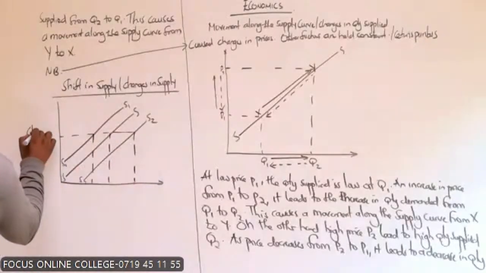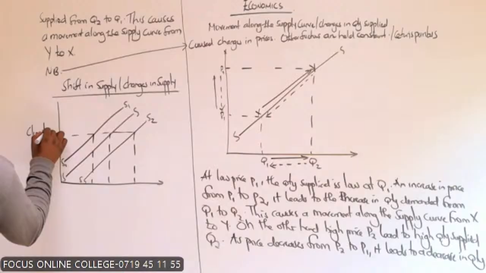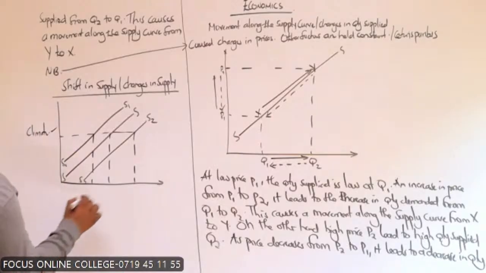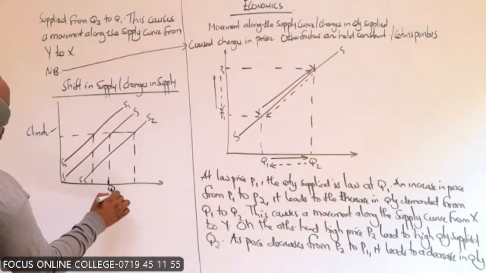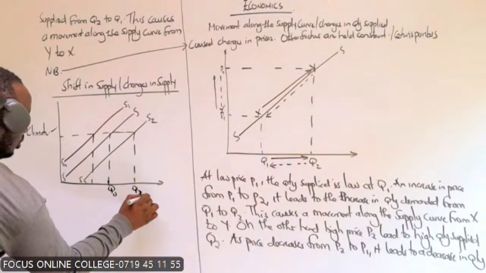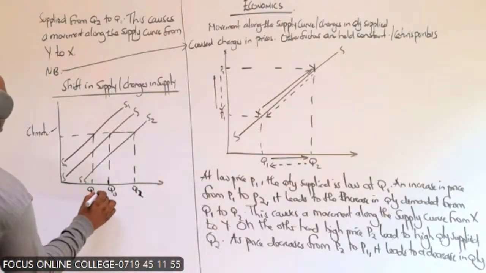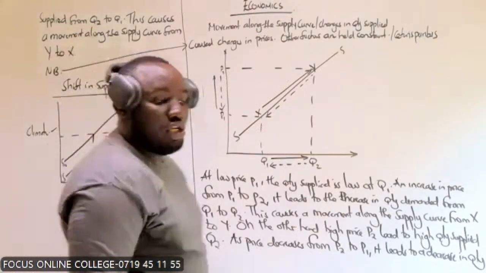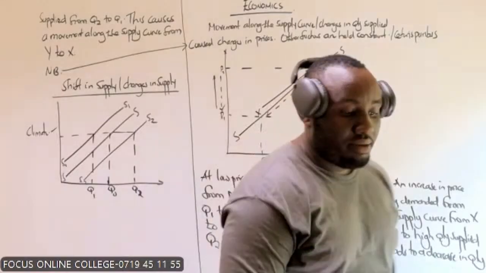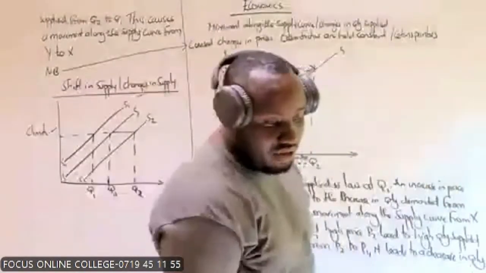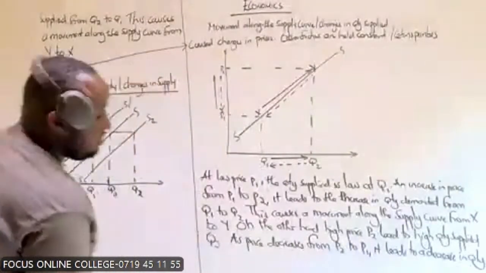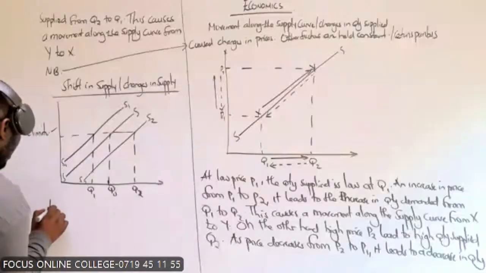So if you look at this, I put climate up here. This is Q0, this is Q1, Q2. It is brought about by other factors.